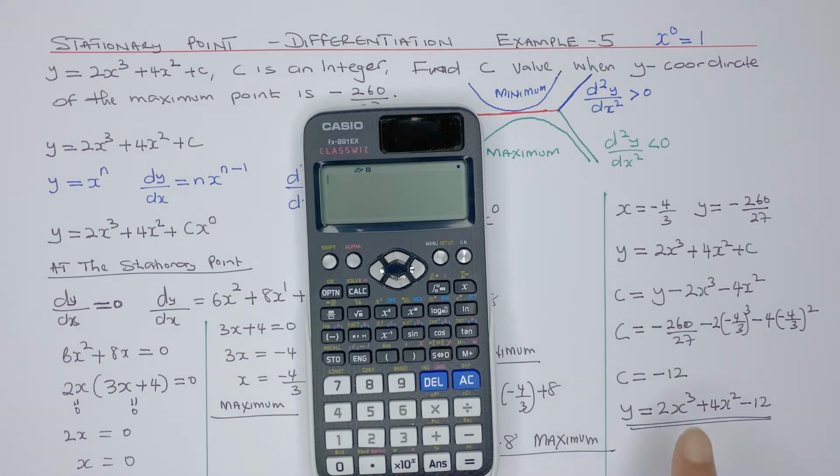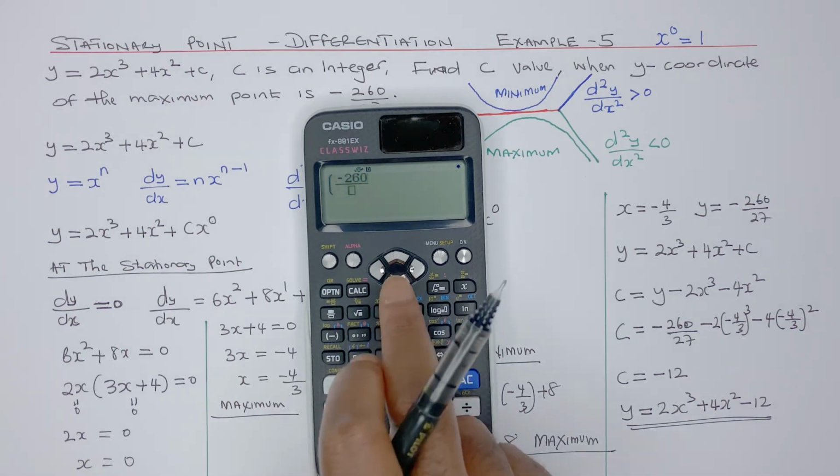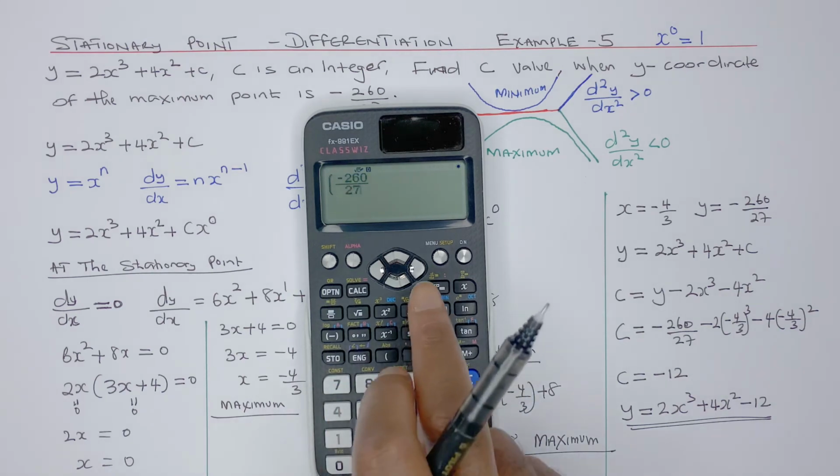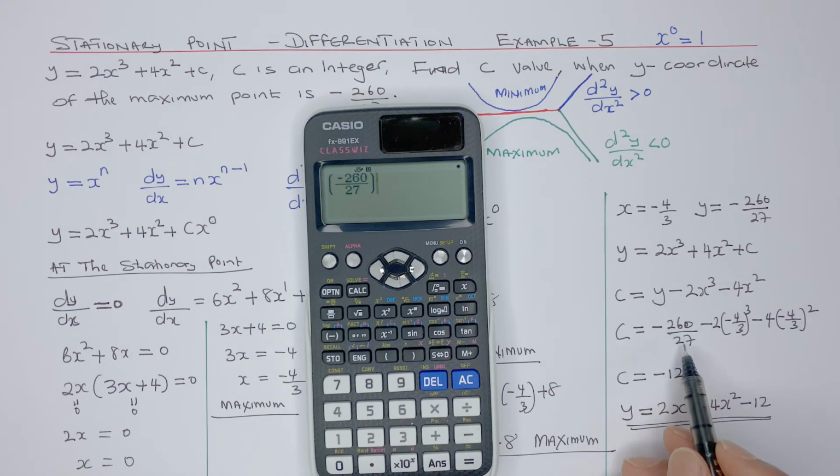Just to show how to find the value of c using the calculator: open bracket, fraction, minus 260, arrow down, over 27, arrow to the side, close the bracket. That's the first one there.